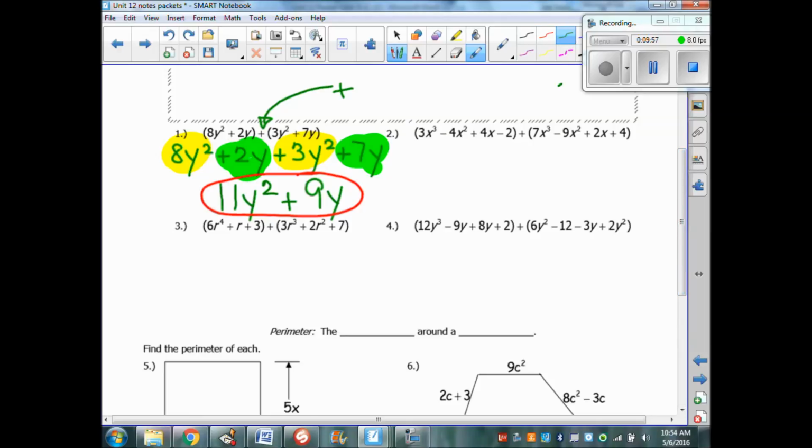Number 2. Practice identifying the operation, what's in between the parentheses, so it's plus. So I can get rid of those parentheses because they're not necessary. This is just a rewrite step.